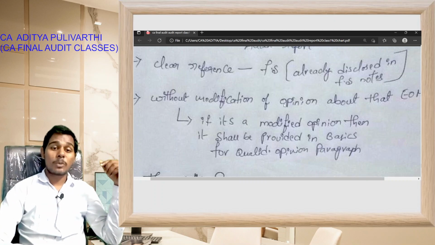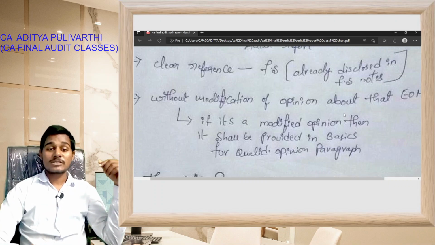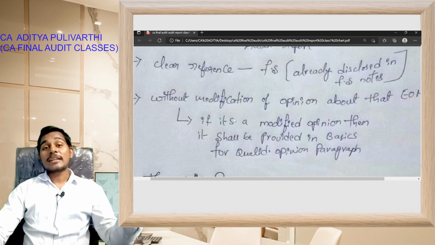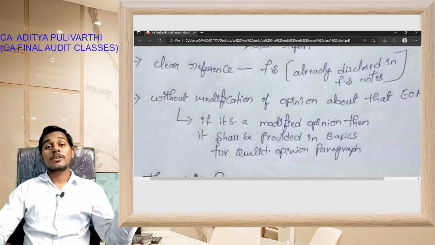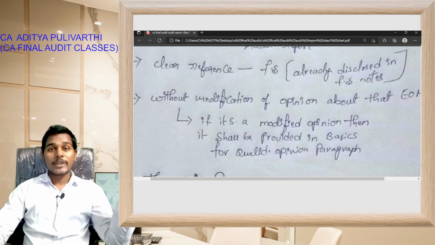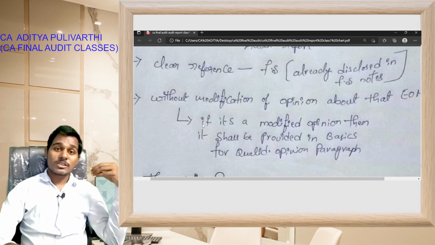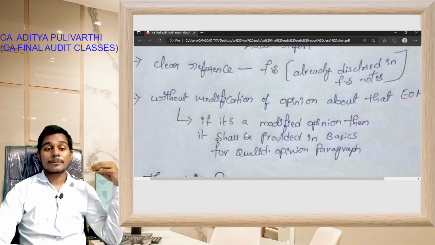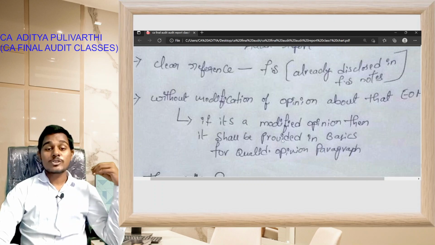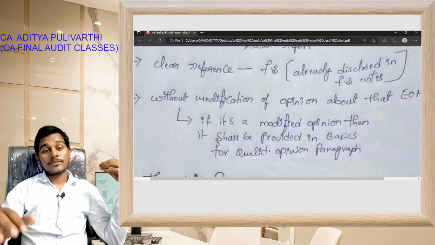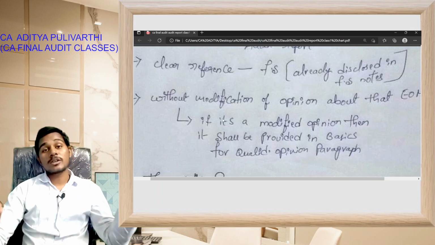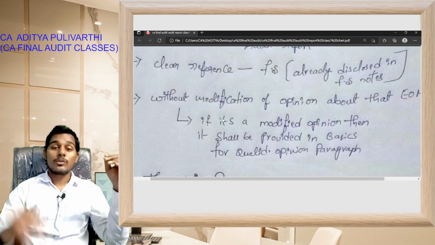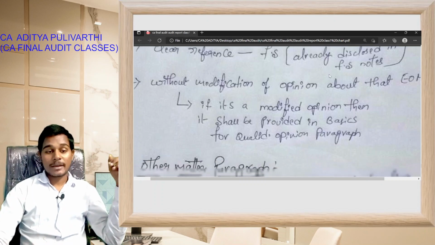A matter on the basis of which we are going to give a modified opinion should not be provided in the emphasis of matter paragraph. If it is a modified opinion, then it should be provided in the basis for qualified opinion paragraph. Only without modification of opinion should we provide it in the emphasis of matter paragraph.